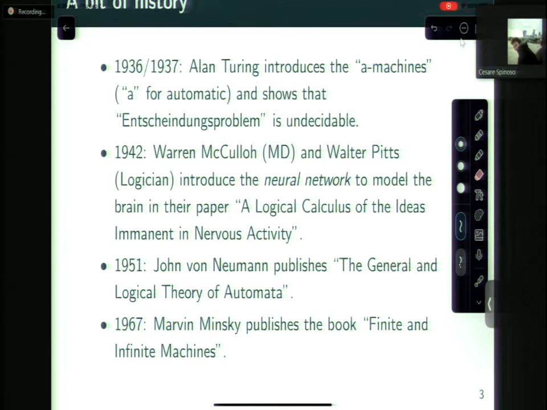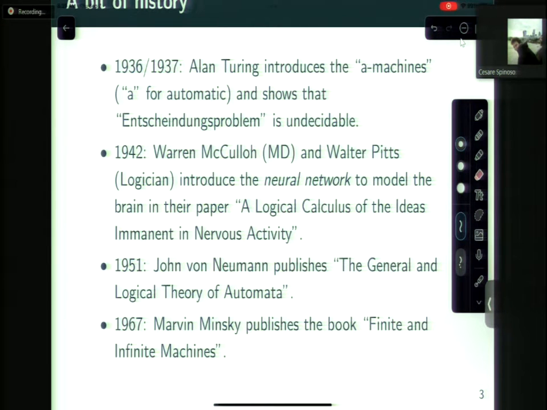Then in 1951, John von Neumann, who's another very famous computer scientist, probably one of the pioneers, along with Turing, publishes a follow-up work to this McCulloch and Pitts paper known as The General and Logical Theory of Automata, in which he actually introduces a computational model. So McCulloch and Pitts were more interested in modeling the brain.